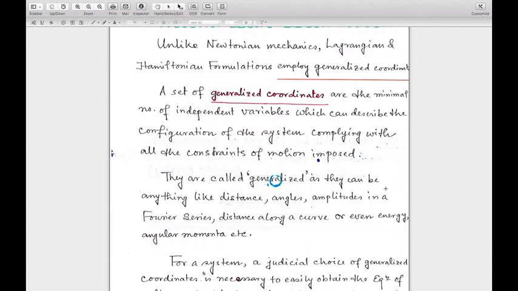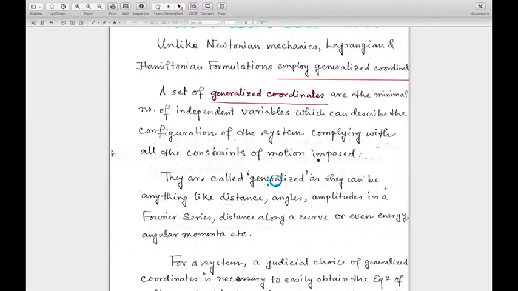Whenever I say that a particle should be located on the surface of a sphere with fixed radius, then we know that x squared plus y squared plus z squared is equal to a constant, right? Or the square root of this is a constant, or in r, theta, phi, r is constant.